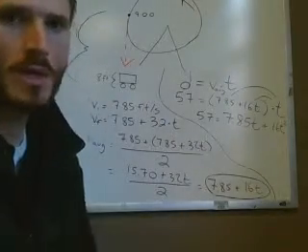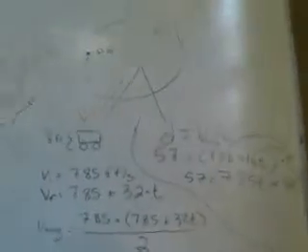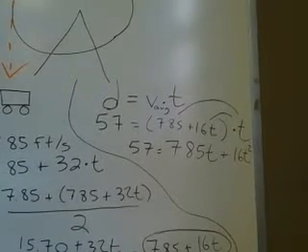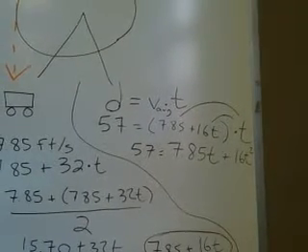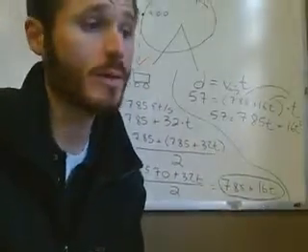So this right here, 57 equals 7.85t plus 16t squared, that final equation we came up with, is what you use to figure out the time it's going to take.